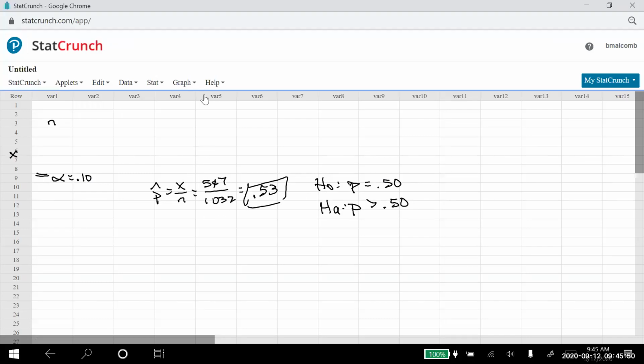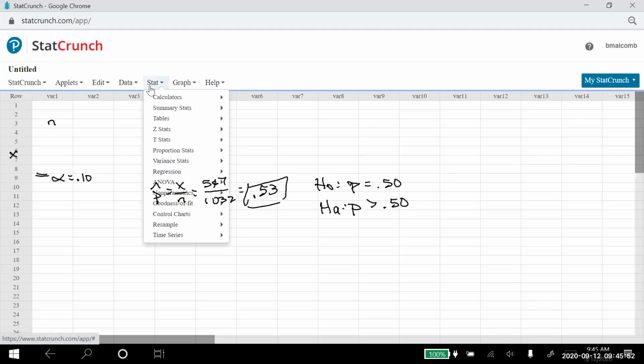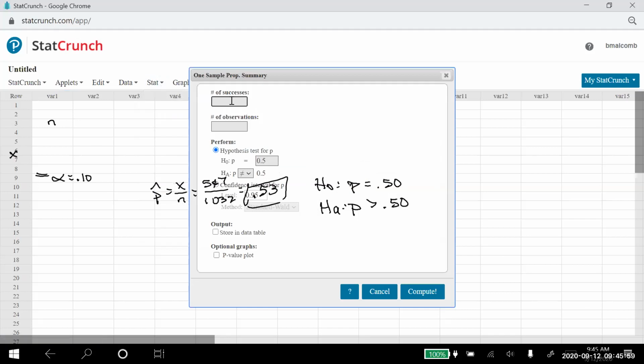Okay, so we're going into proportion stats. One sample with summary. How many successes? 547. How many observations? 1032. And I'm doing a hypothesis test. P is equal to 0.5 versus P is greater than 0.5.